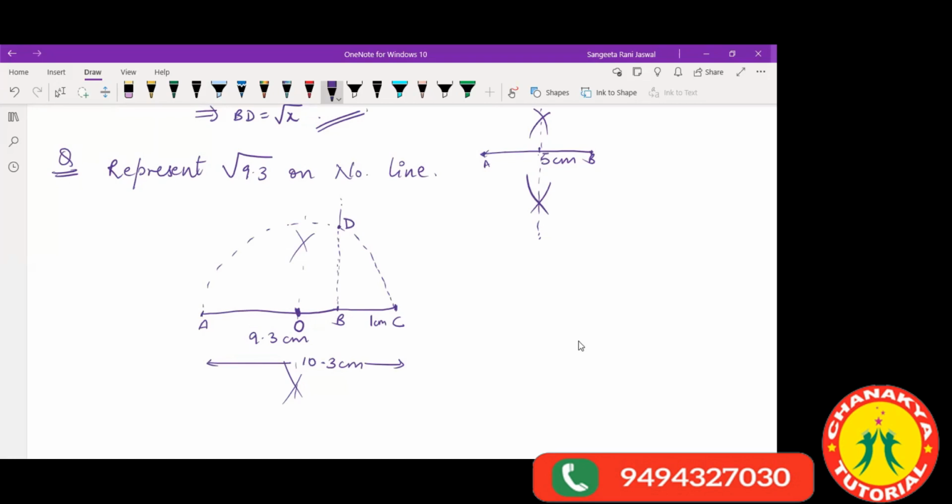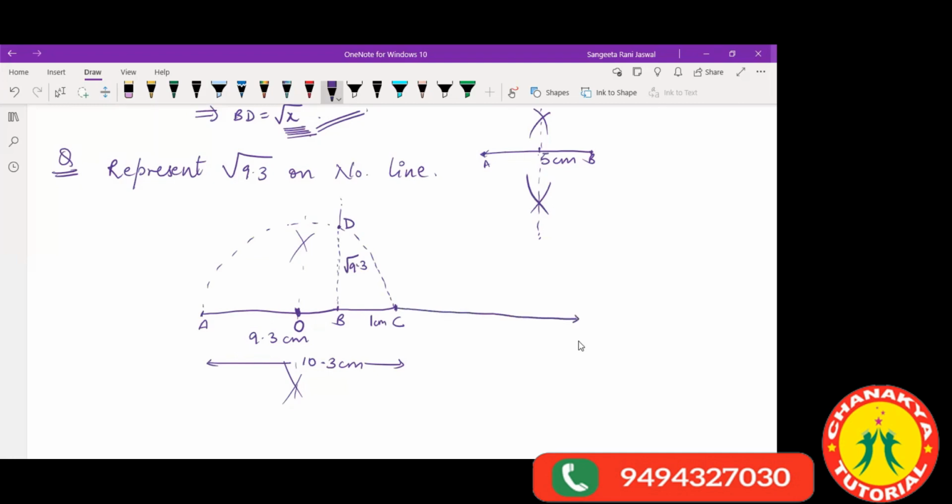Now, your next step says that this distance that you have measured now is root over x. We measured this and we proved it also. So now this distance is root over x. Here we have our x as 9.3 centimeters. So that means this distance BD is root over 9.3. But this distance is perpendicular. We wanted this distance on the x-axis.